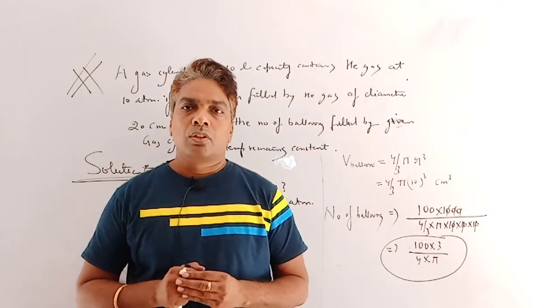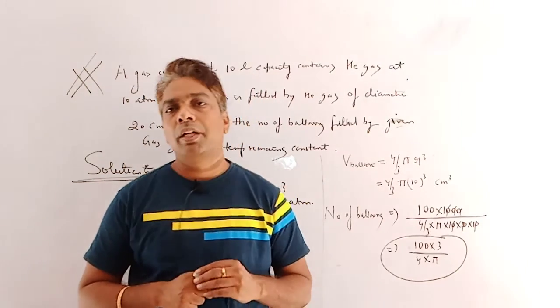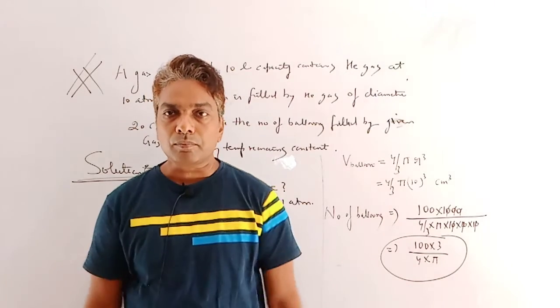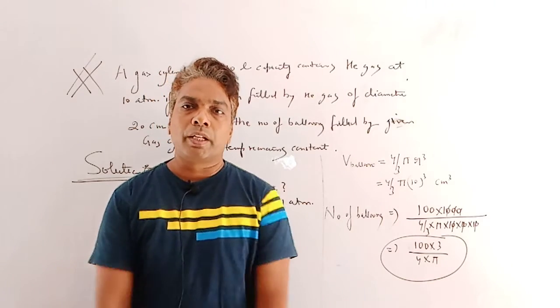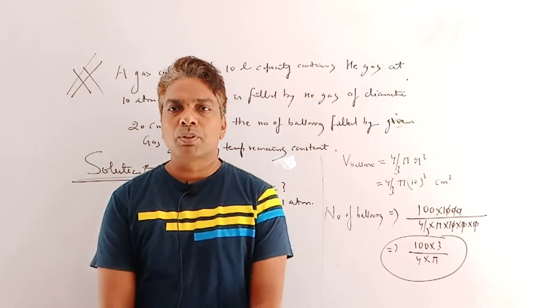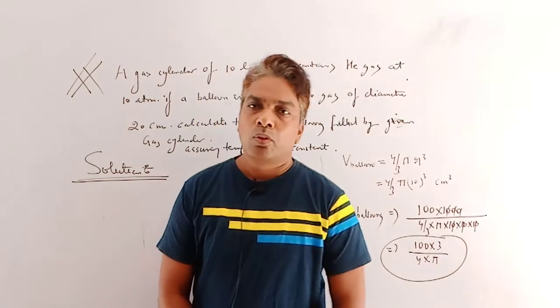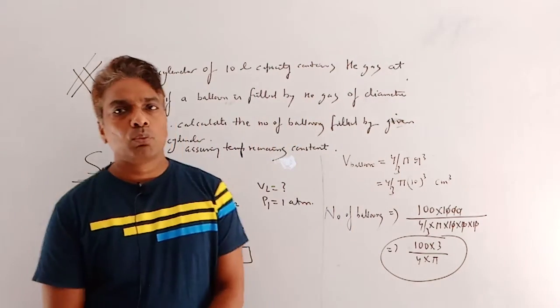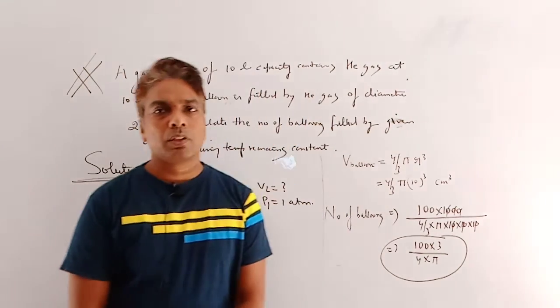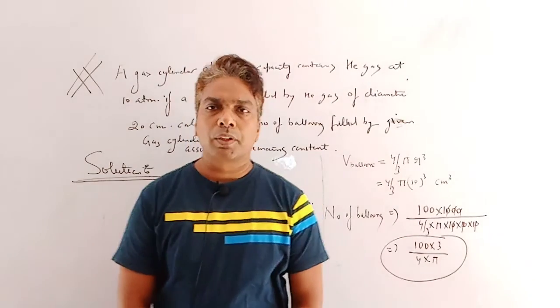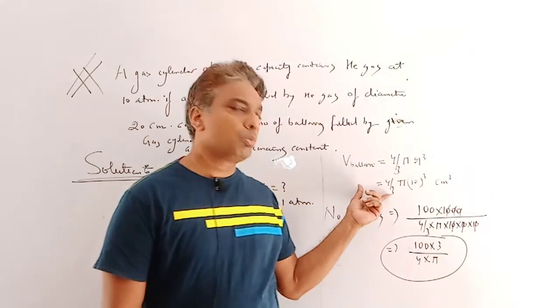Clear? So firstly we calculate the volume of helium gas against 1 atmospheric pressure. Now calculate the volume of one balloon with the help of the diameter of the balloon, which is given as 20 centimeter. So here is the volume of one balloon.